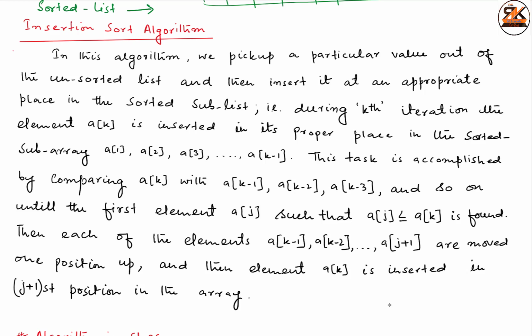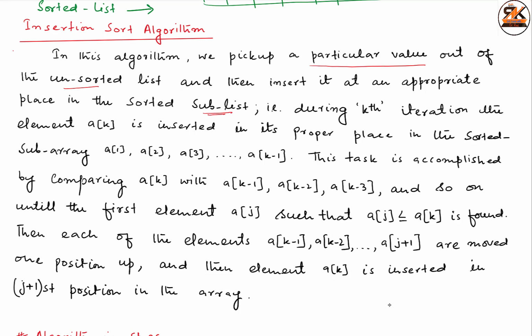Now we will go through the algorithmic steps of this algorithm for better understanding, so that we will be able to write some program for the implementation of this algorithm. In this algorithm, we pick up a particular value out of the unsorted list and then insert it at an appropriate place in the sorted sublist.